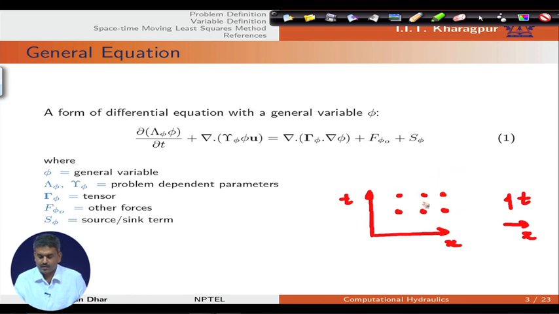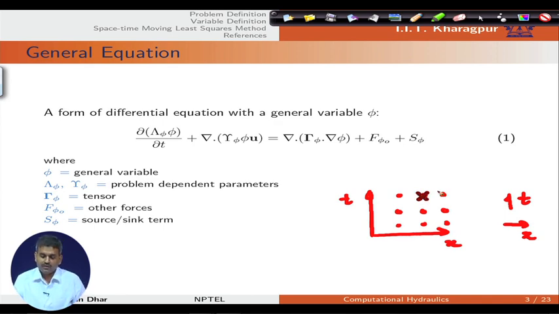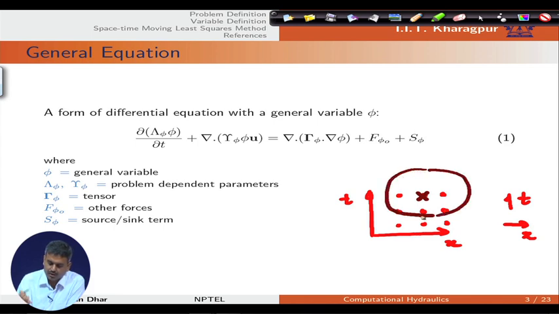So, we need to define the radius for this influence domain or support domain. If this point is our central point, and we consider this support domain, we may need to consider multiple points at the present and future time levels for the calculation of derivatives.